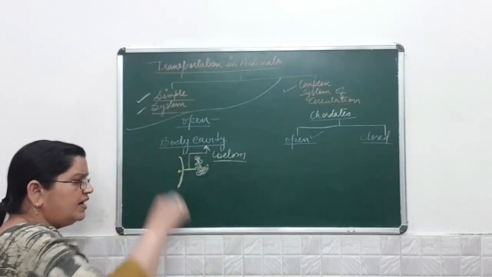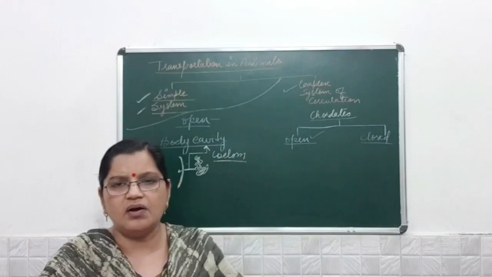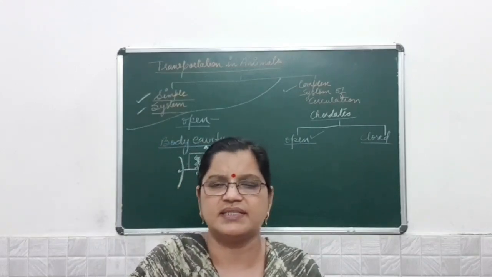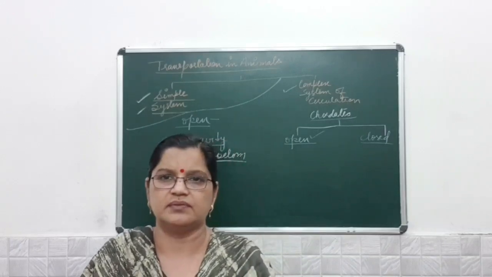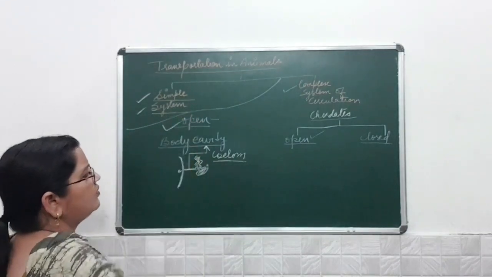Coelom is filled with circulatory fluid and all the organs are dipped in it. Direct exchange of gases takes place between the organs and circulatory fluid. This type of circulation is known as open circulatory system.